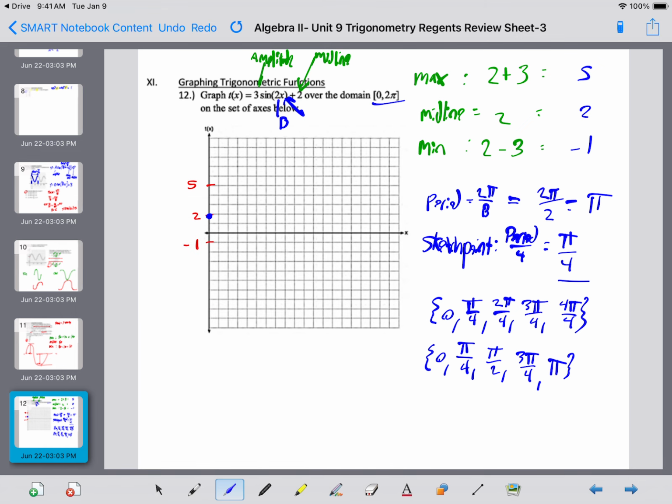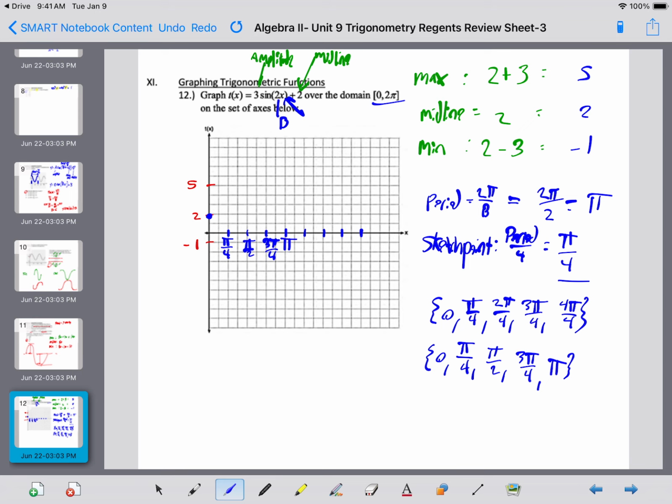Let's start showing these points. We're going to have enough space to space it out by 2's. Label your axes, so pi over 4, pi over 2, 3 pi over 4, pi.